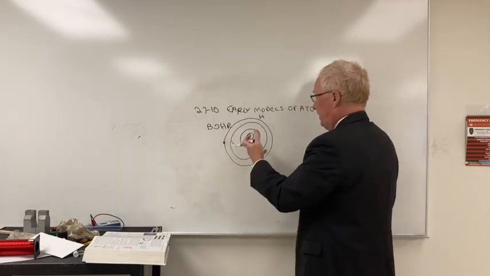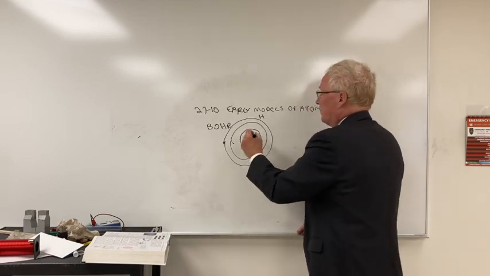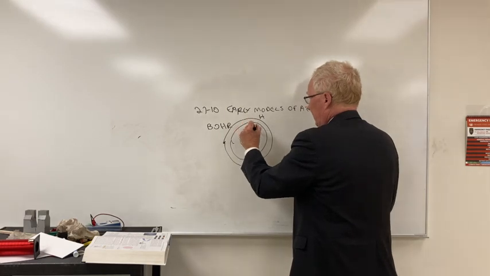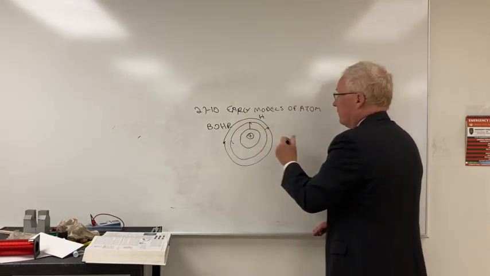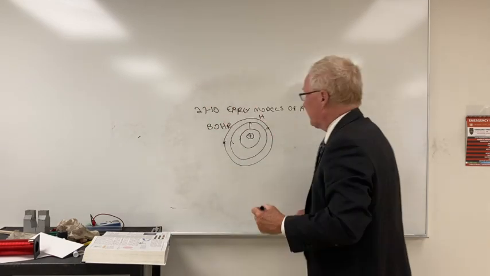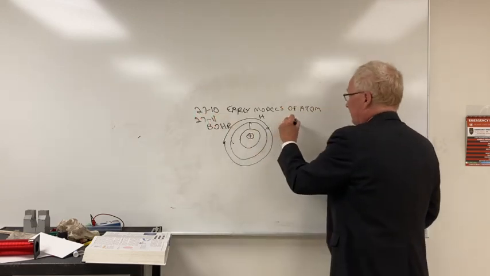And the way we see atoms either emit light or give out light is by a transition between one layer and another one. And then this explains spectra, 27.10, 27.11, right?